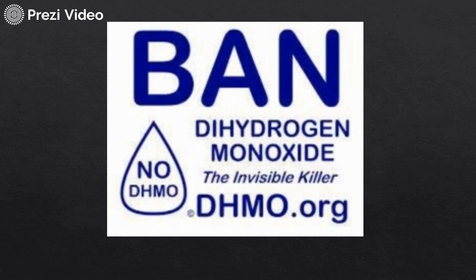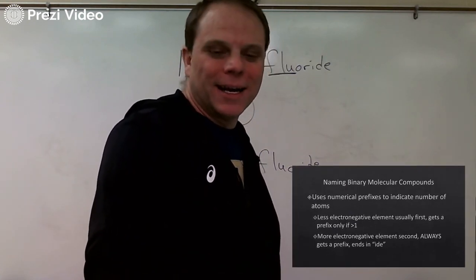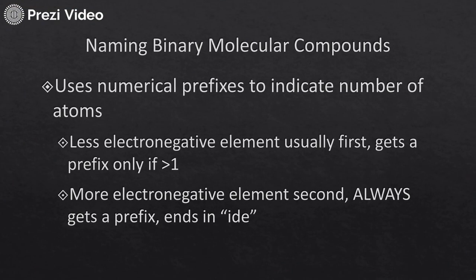And so people are like, yeah, ban DHMO, dihydrogen monoxide. Well, it's actually just a name for water. And so it's kind of fun to play with this concept, because when you understand how to name things, it's kind of humorous to mess with somebody on DHMO.